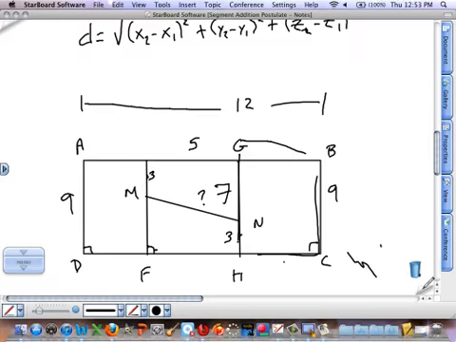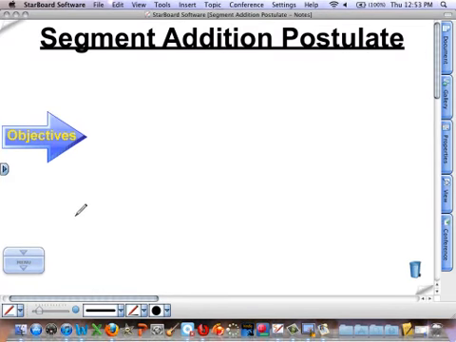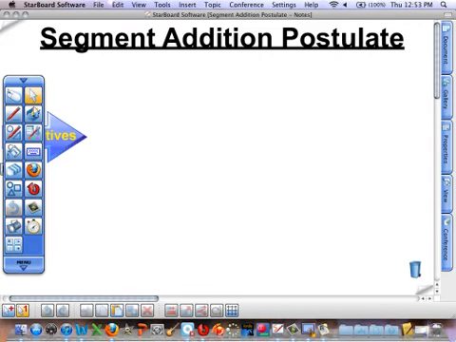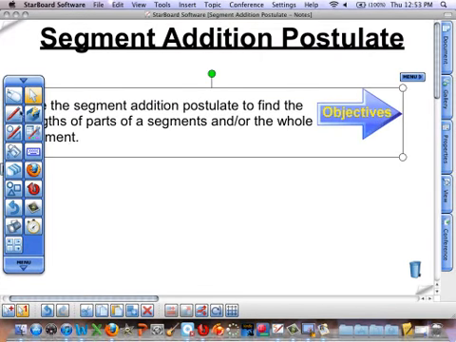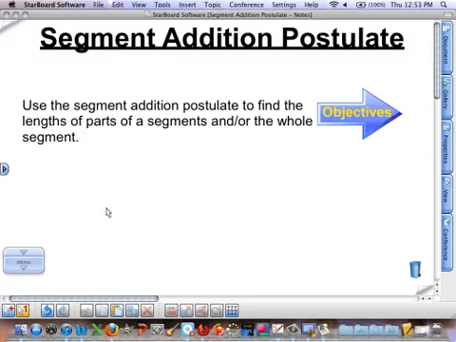So let me go ahead and get you started here, looking at our objectives for today. Very straightforward, very simple. And that is to use the segment addition postulate to solve problems. Okay, very simple objective.